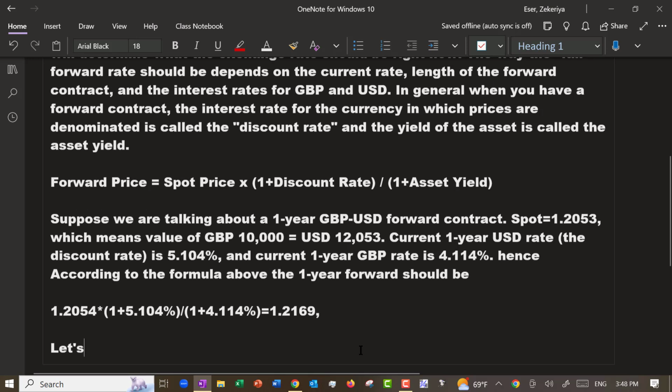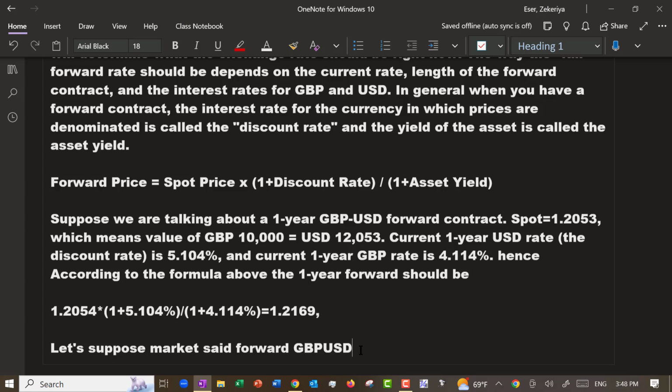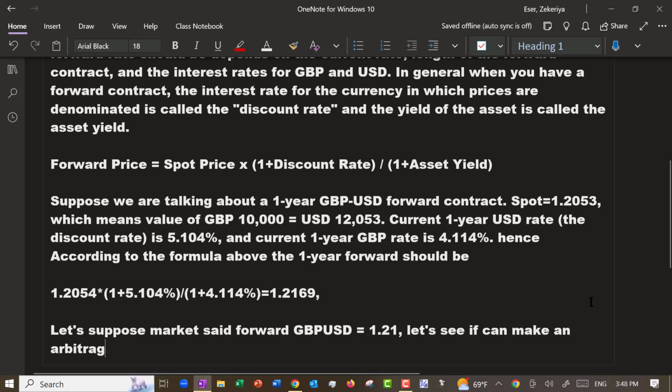Let's suppose the market said forwards are at 121. Okay. Let's see if we can make an arbitrage argument.